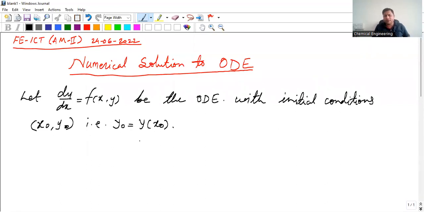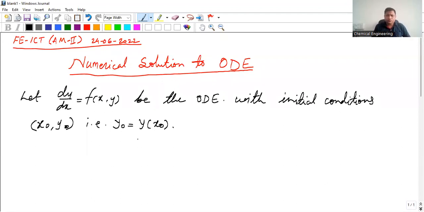We need this initial condition, and if the initial condition is satisfied, then the solution passing through this point, or in other words the curve passing through this point and satisfying this differential equation, is called the solution of the differential equation.